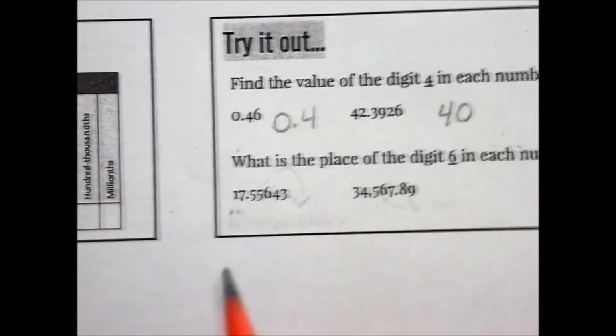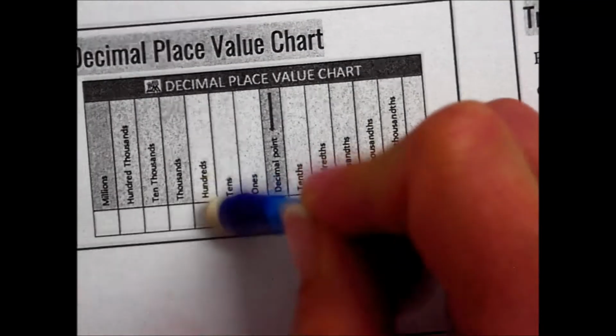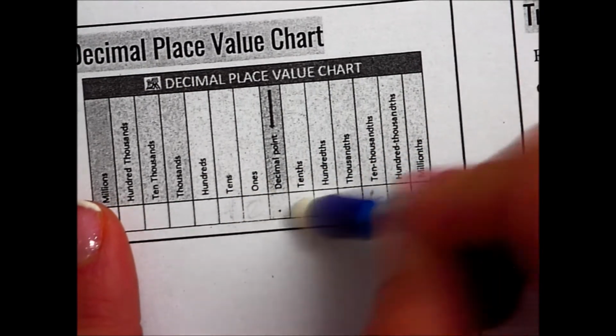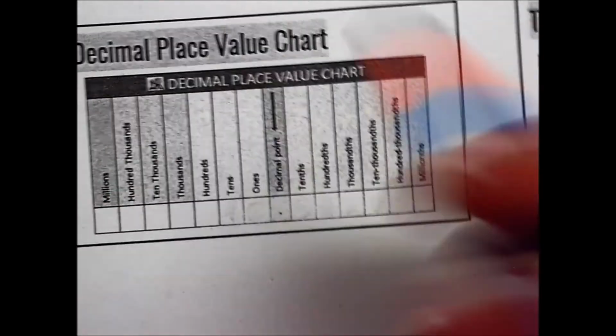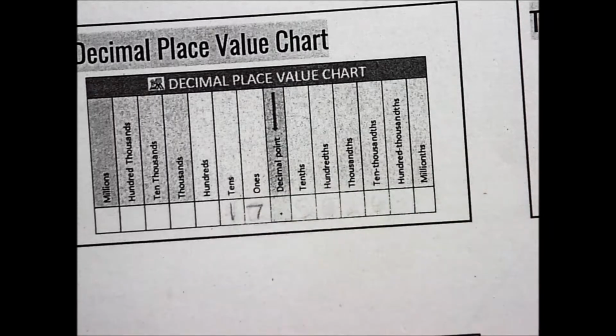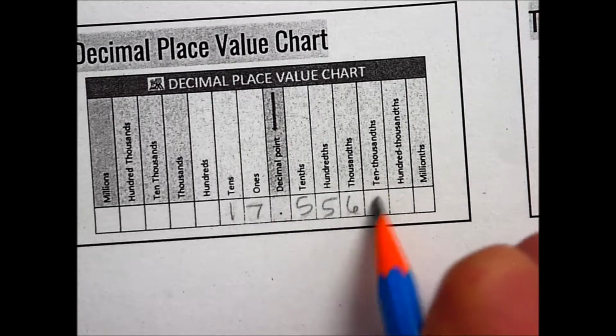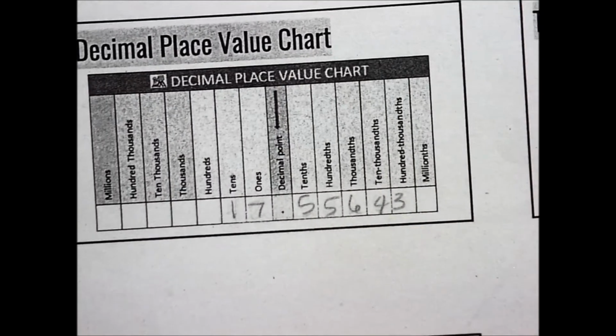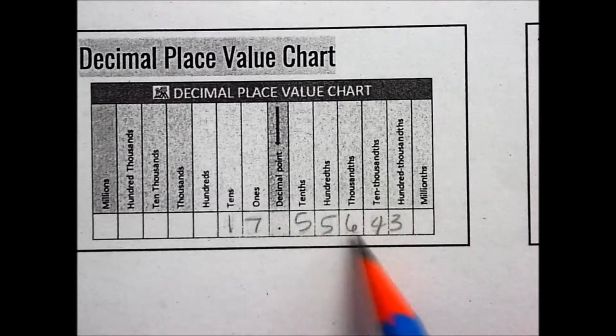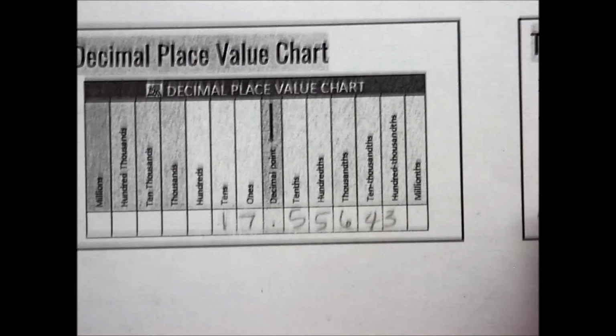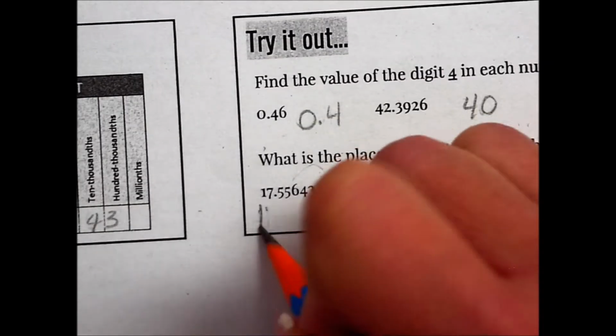On the next question, we're looking at the place of the digit 6, and so we want the name of the place. We'll plug in our numbers, 1, 7, 5, 5, 6, 4, and 3. All right, so this 6 is in the thousandths place, so all we have to do is write thousandths.